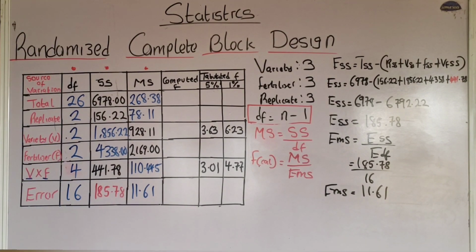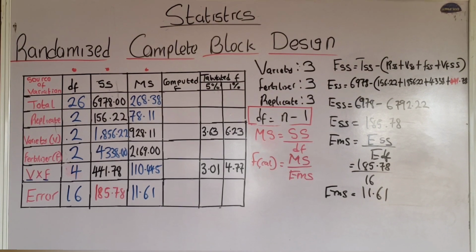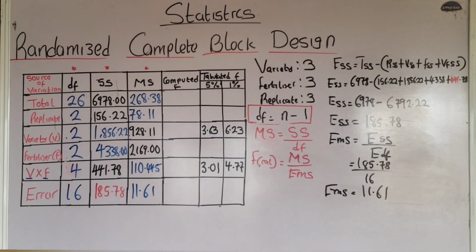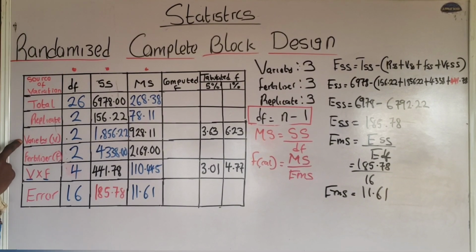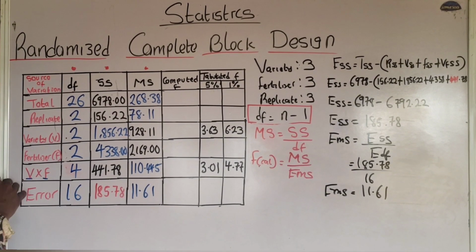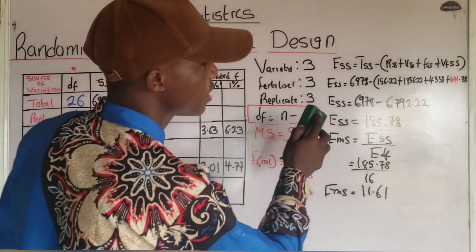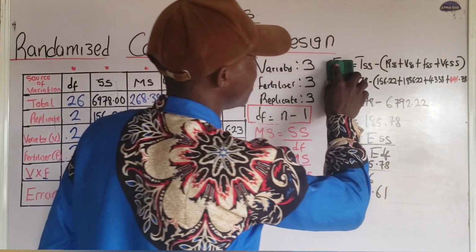You know that we need the F calculated for 3 parameters. We need the F calculated for variety, we need the F calculated for fertilizer, and we need the F calculated for variety fertilizer. Now, to get the F calculated for variety, I'm very sure you are done with this, right? So let me erase this.